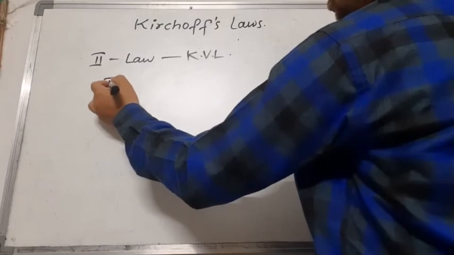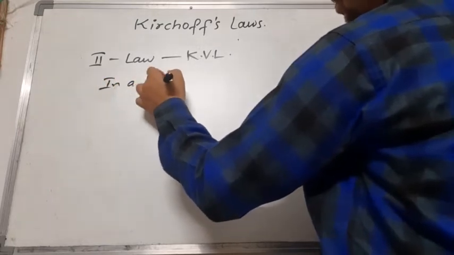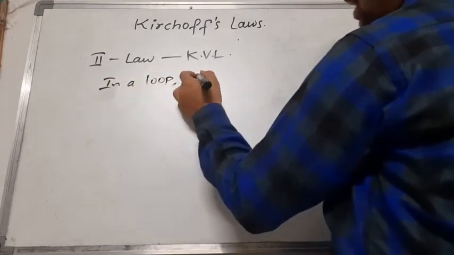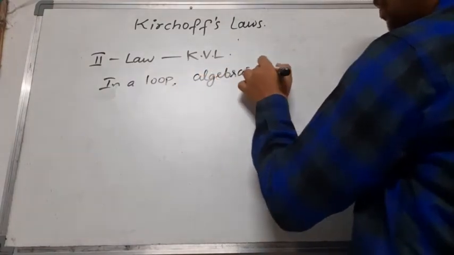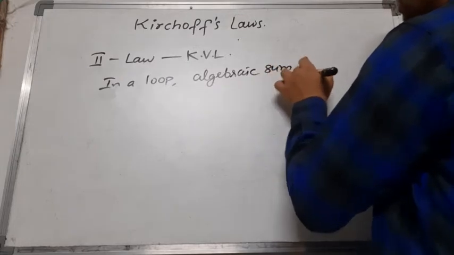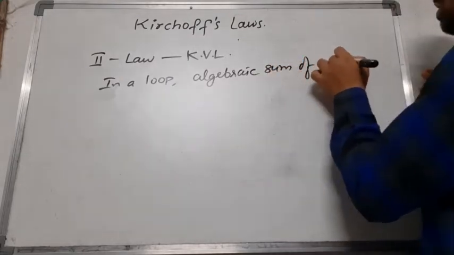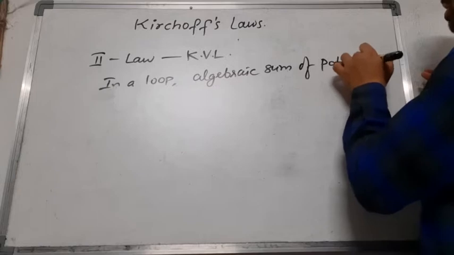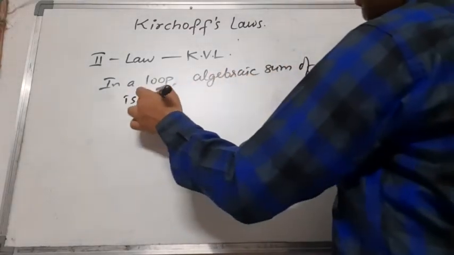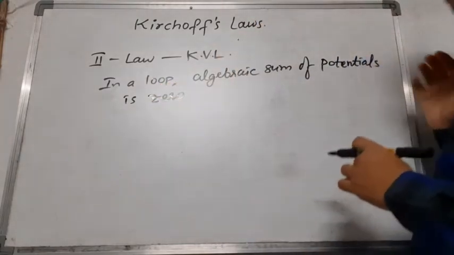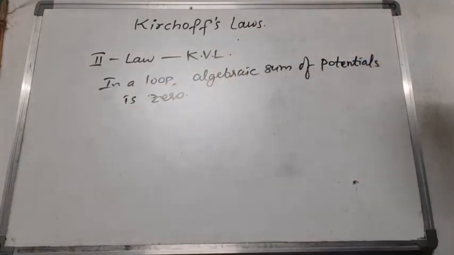What does it say about voltage? In a loop, the algebraic sum of potentials is zero. So what does this mean?